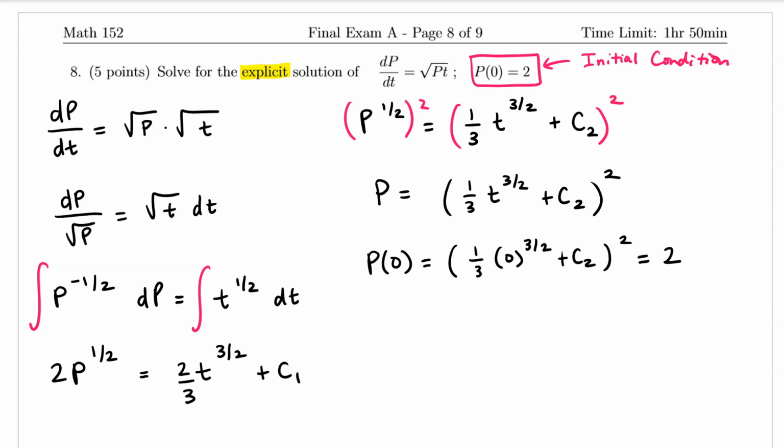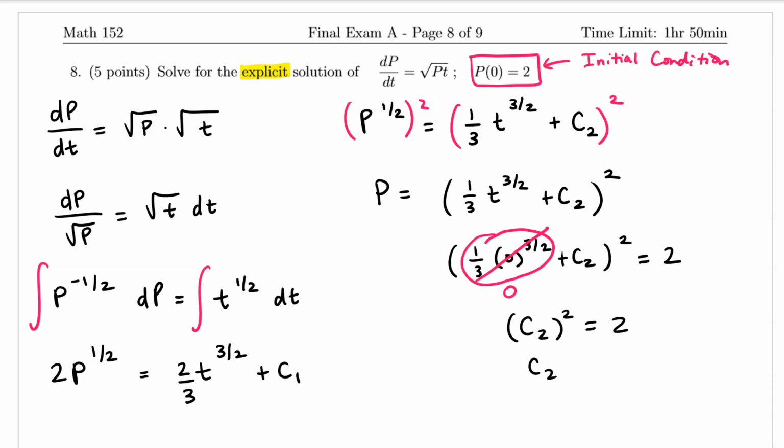I'd like to take the square root of both sides. Also, 1/3 times 0 to the 3 halves is equivalent to 0. So I'm going to end up getting C2 quantity squared is equal to 2.